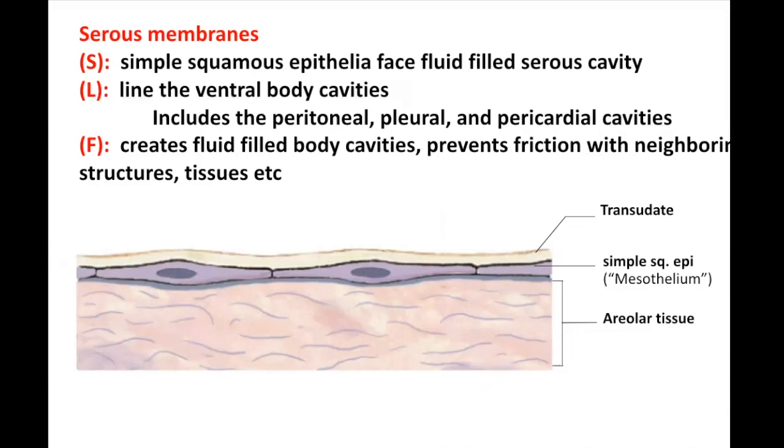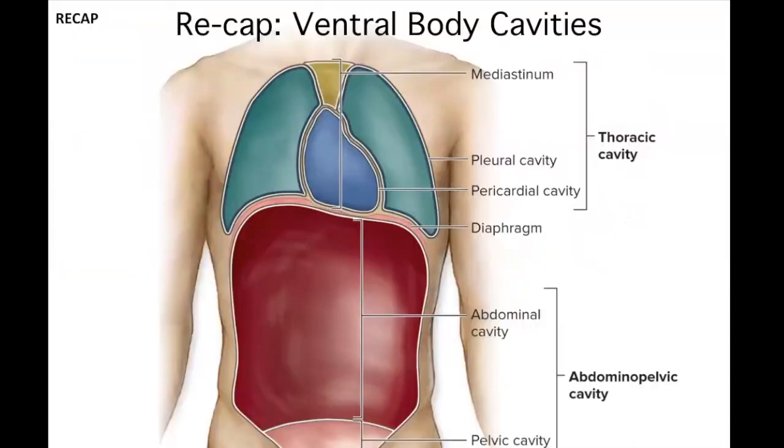So here's your epithelial cells secreting this layer of serous fluid that's going to fill the cavity. Going back to the first lecture with ventral body cavities, remember that big open space? It was divided into thoracic and abdominopelvic cavity. And within those cavities, you had those cavities that were created by the serosa or the serous membranes, right?